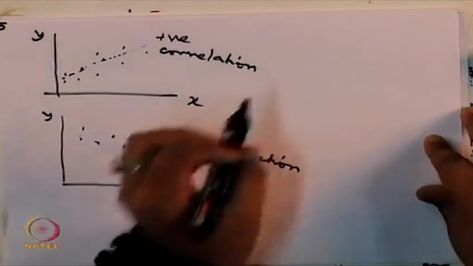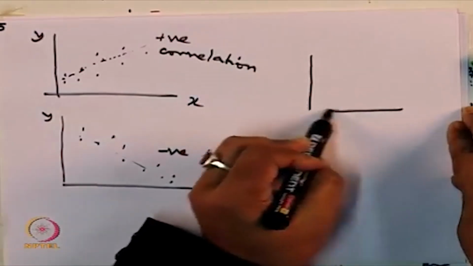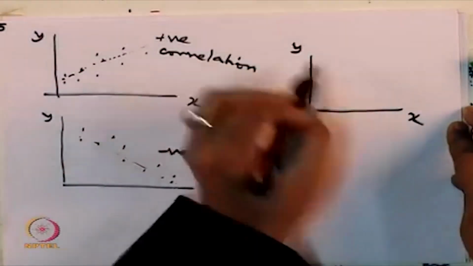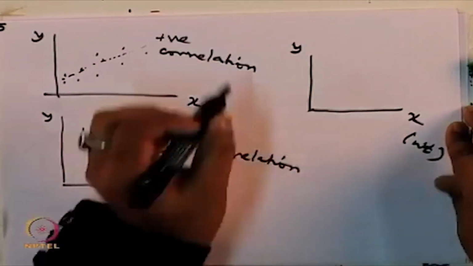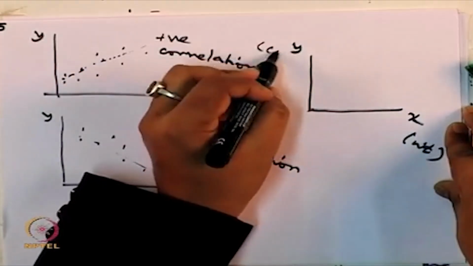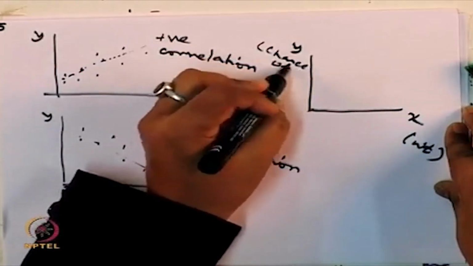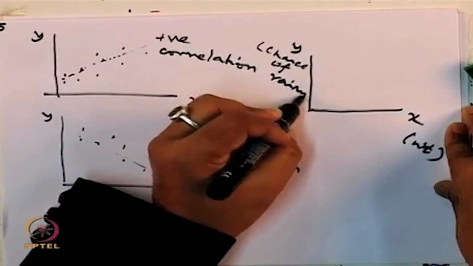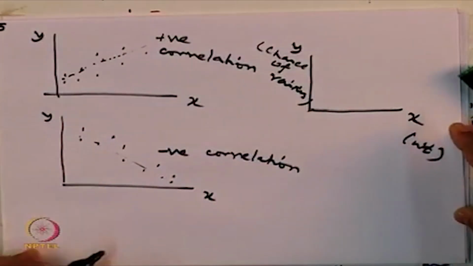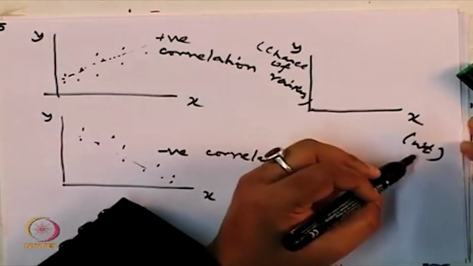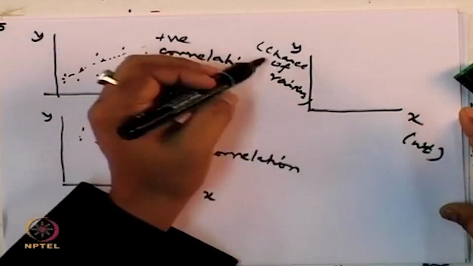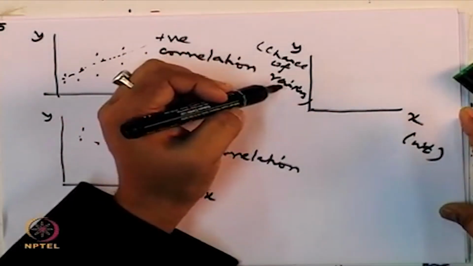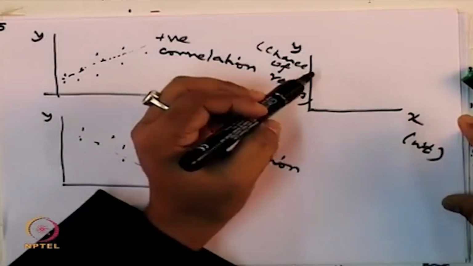Okay. In other cases, let us say for example we are correlating weight with the chance of raining today. So the weight of a person on 10 different days and the chance of raining, or the weight of 10 different people and the chance of raining.